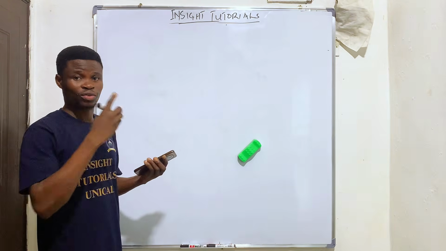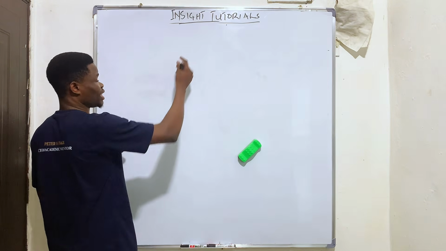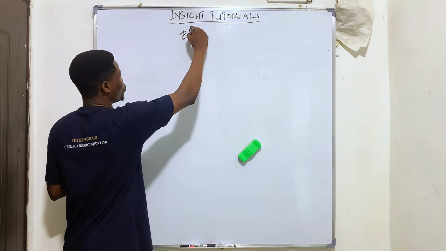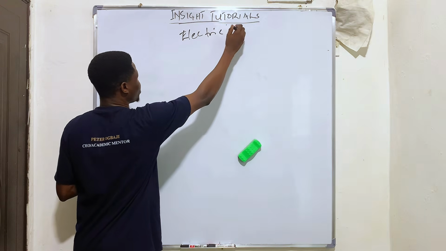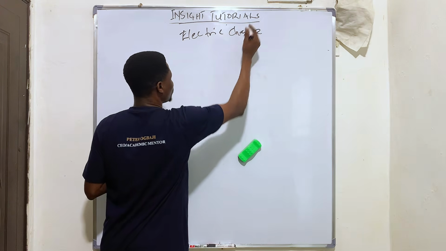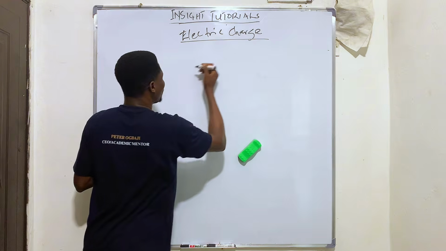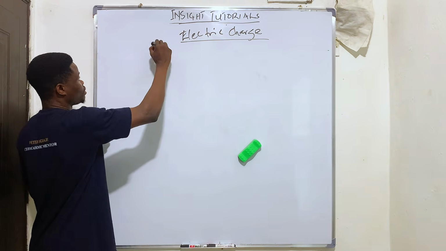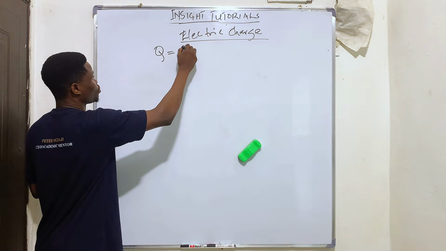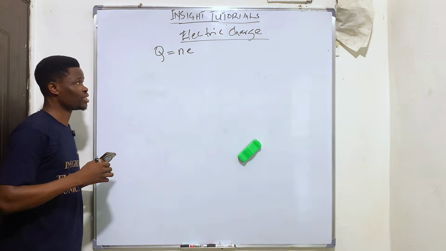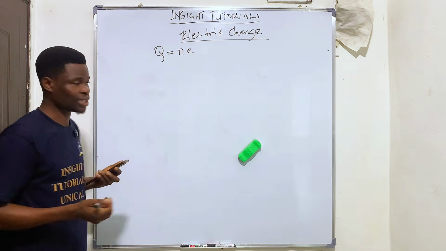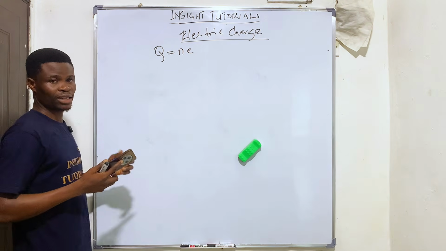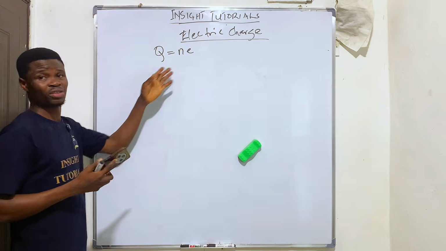All right, so we're going to go into solving some questions under electric charge now. So these are questions under electric charge. Now, remember that the formula for electric charge is the total charge is equal to N times E, where Q is the total charge measured in coulomb, and N is a number of proton or electron, which is always a positive integer.